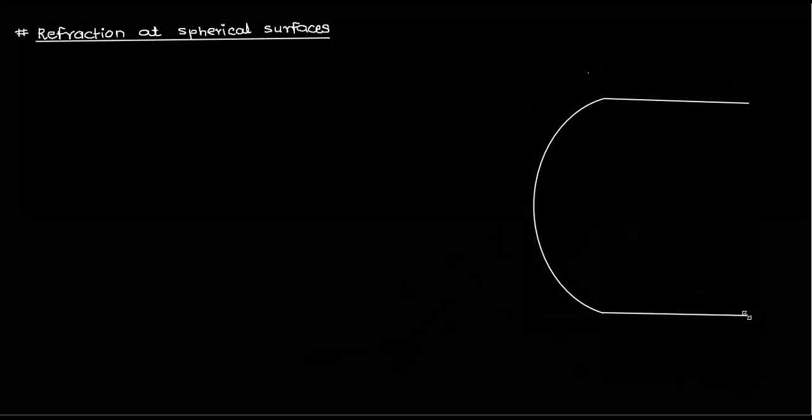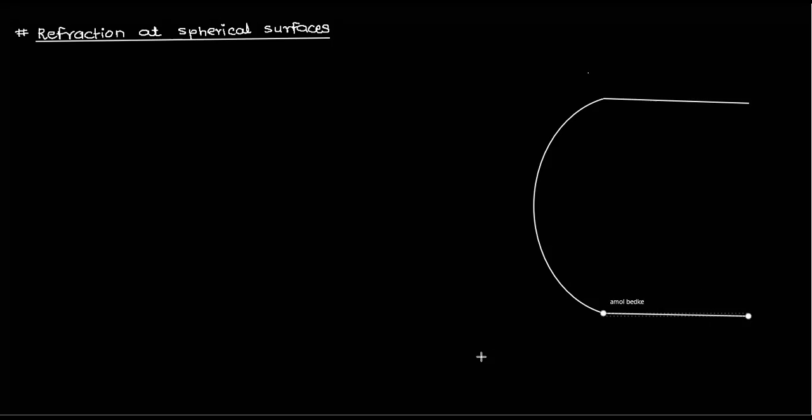Now you can see here, this is a spherical surface. And now assume that the object is on this line, that is, you can say the principal axis also. So somewhere here, this is the object.